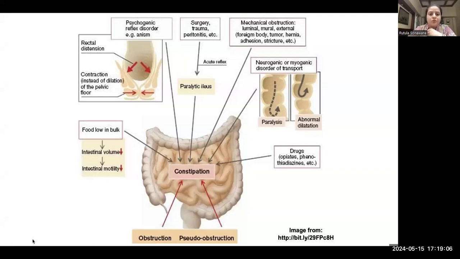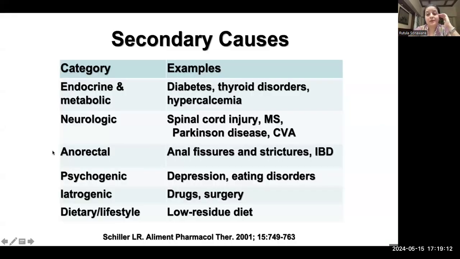Okay. So coming to other causes, even endocrine or metabolic disorders can cause constipation, like diabetes or thyroid disorders. Neurological disorders also can be there. Any anorectal issues like fissures or strictures or IBD are also prone to constipation. Psychogenic disorders, iatrogenic or dietary lifestyle.